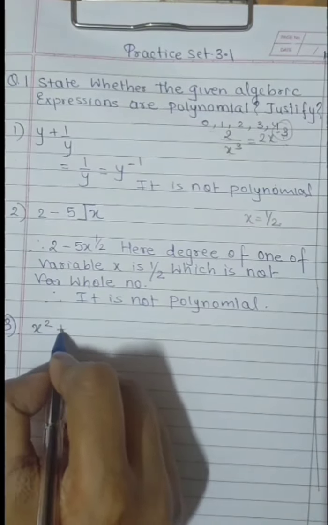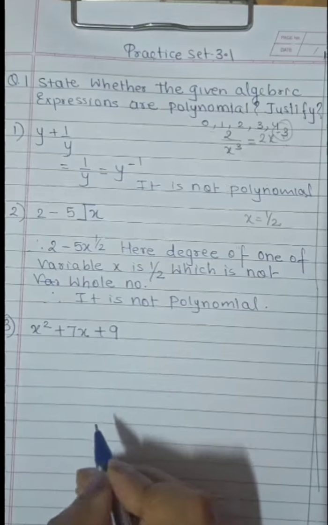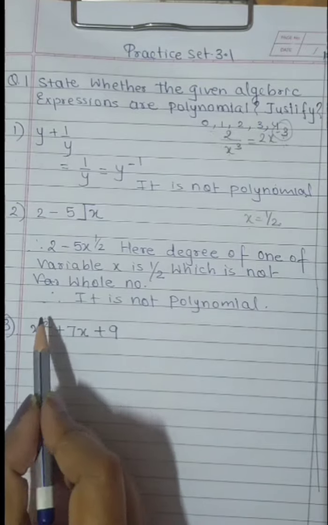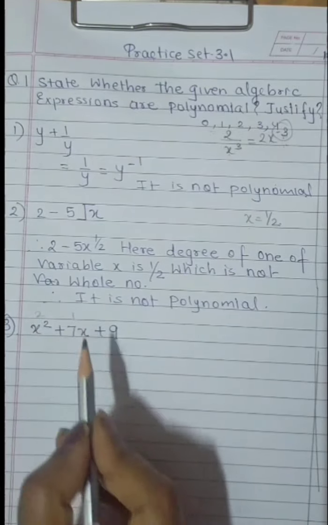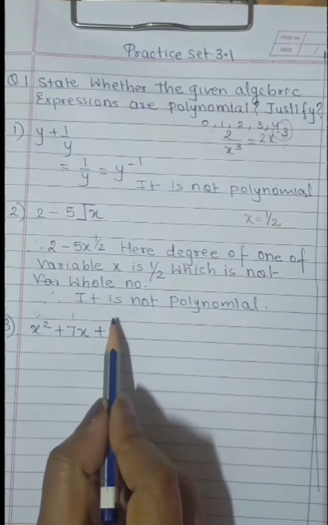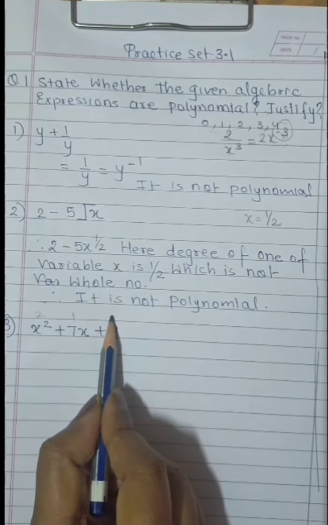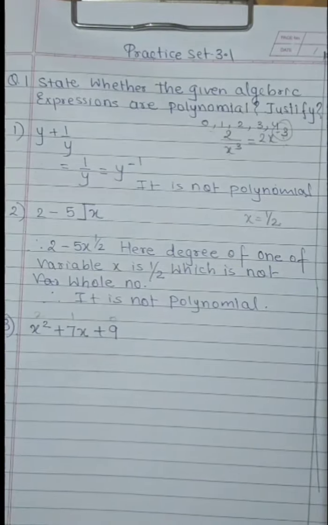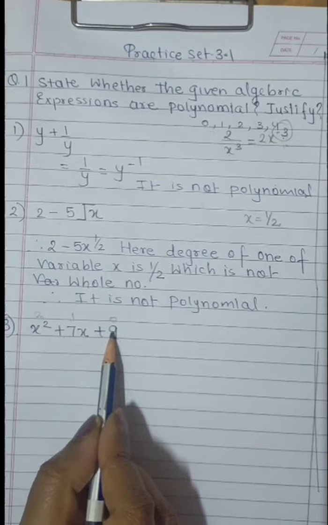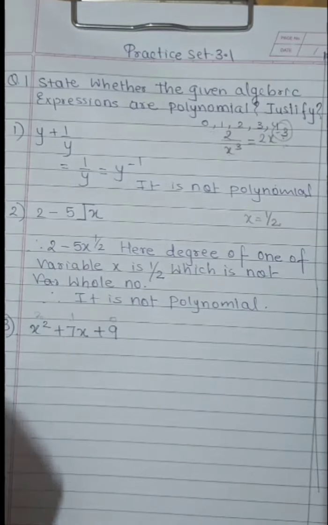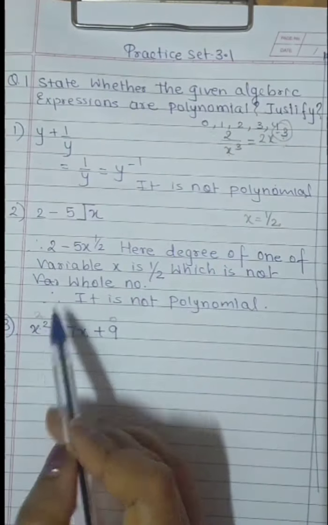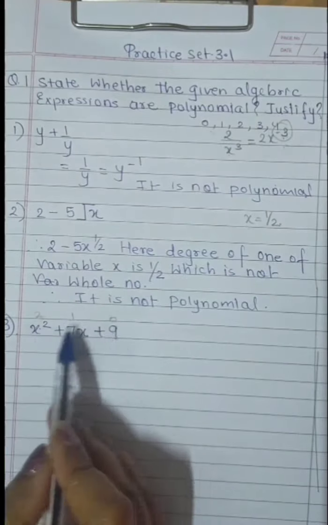Third one is given: x square plus 7x plus 9. Here you can see what is the degree? Square is degree 2, here 1. If there is no variable here, take it as a constant, so here degree 2, here 1, here 0, because it is a coefficient number, so 0 will come. Now you can see that 0, 1 and 2 are all whole numbers.